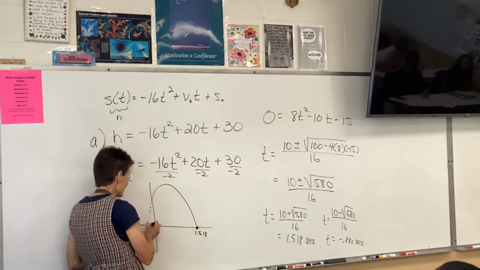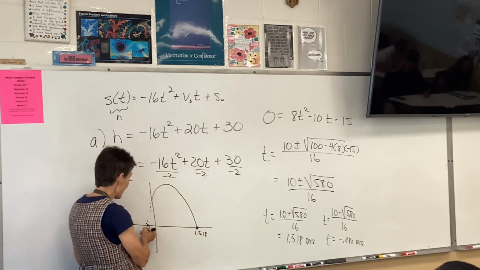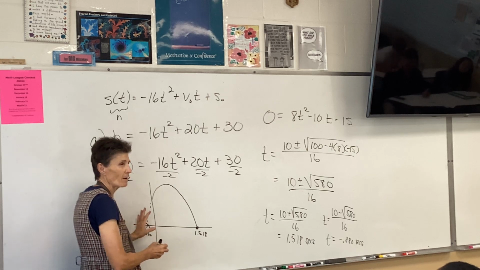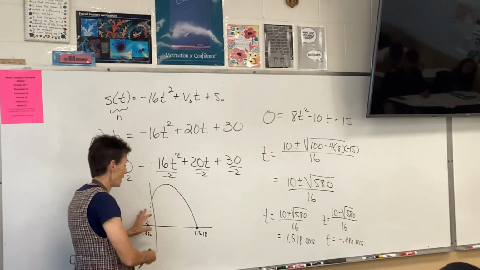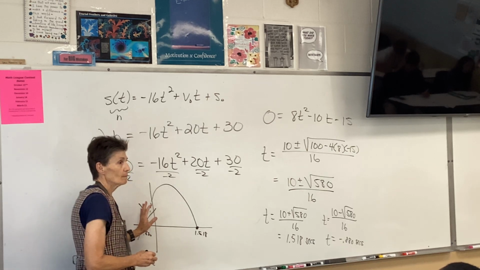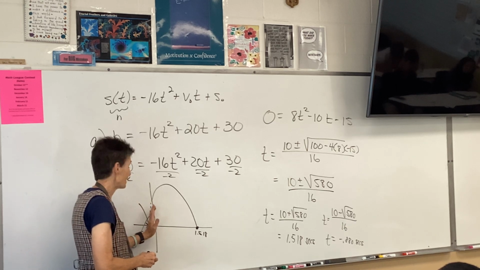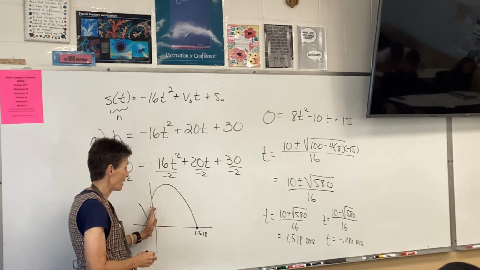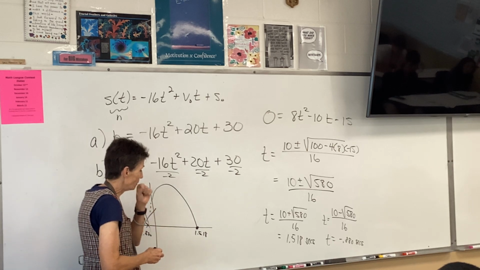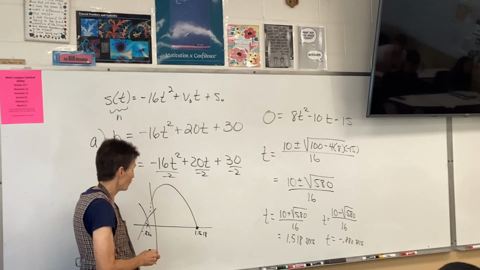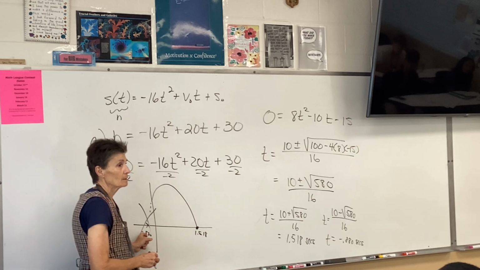And then back here is this negative 0.880, but do I even need that? I don't want negative time. You wouldn't even see that on your calculator, so you wouldn't even have to mess with that if you graphed it. We don't like negative time.